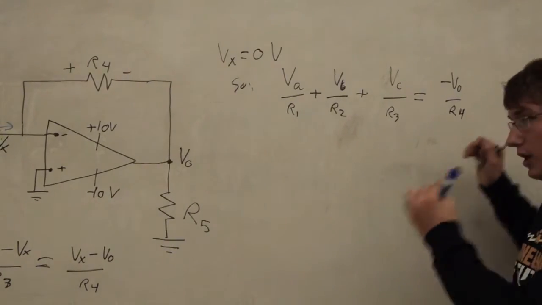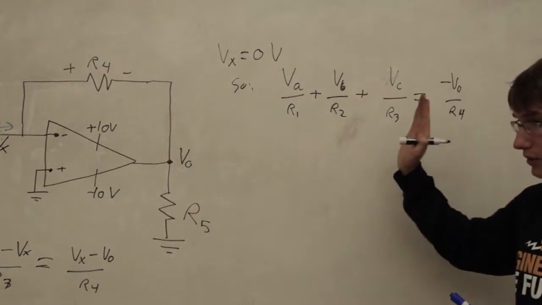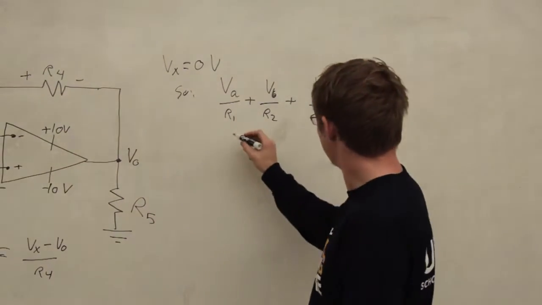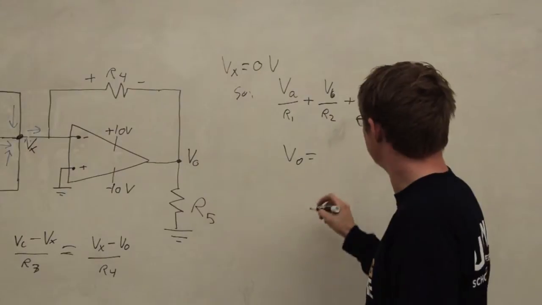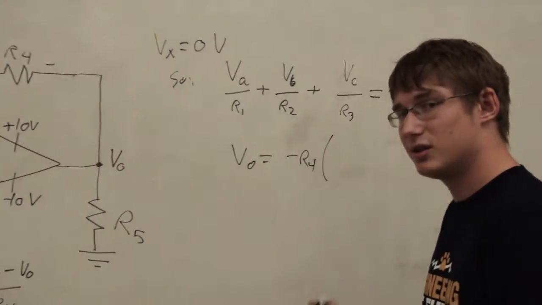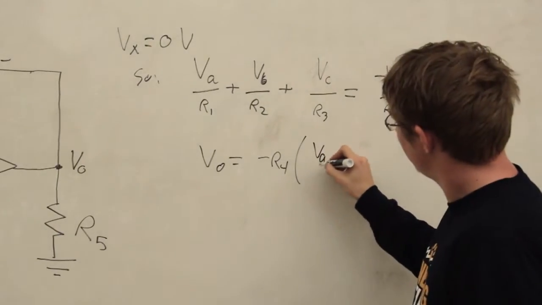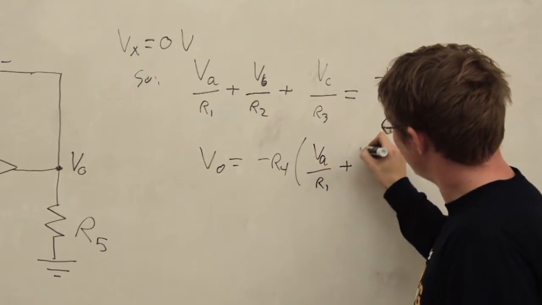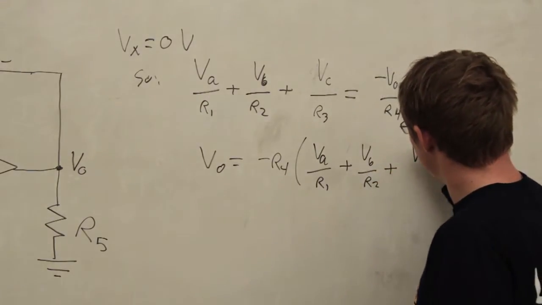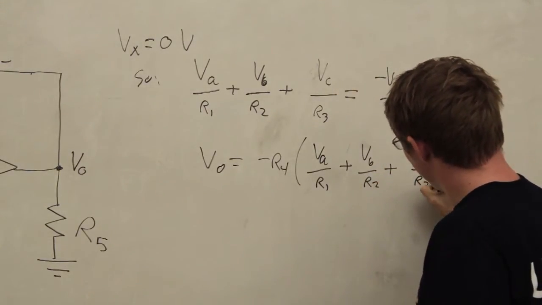Now we'll multiply both sides of this equation by negative R4, and we get V0 is equal to negative R4 times (VA over R1 plus VB over R2 plus VC over R3).